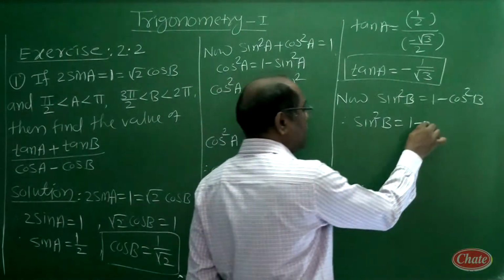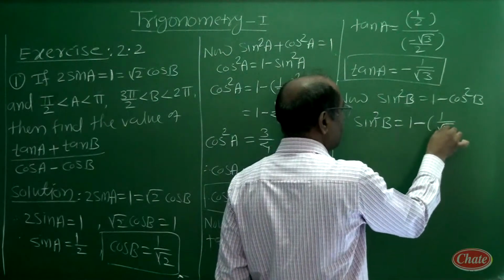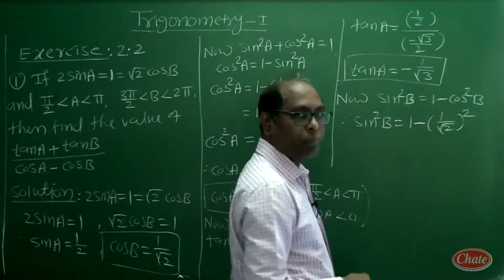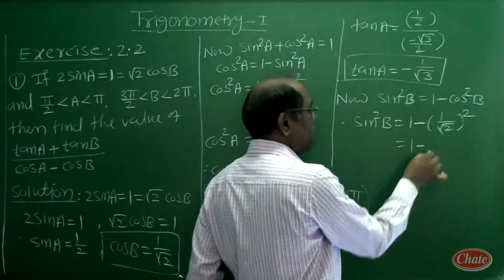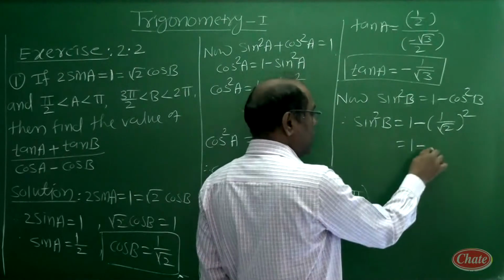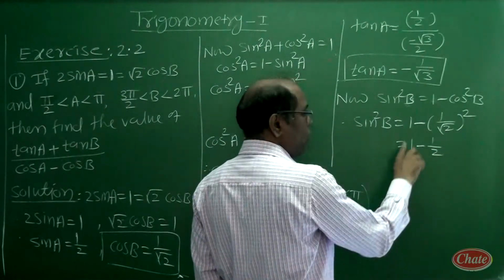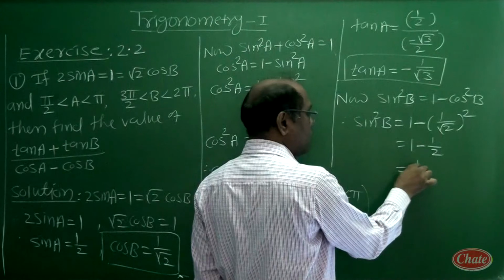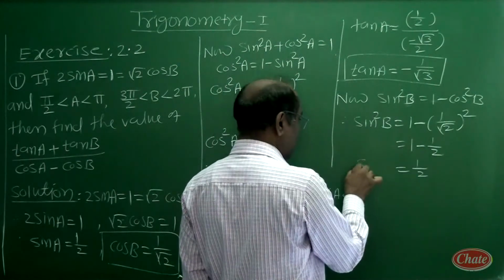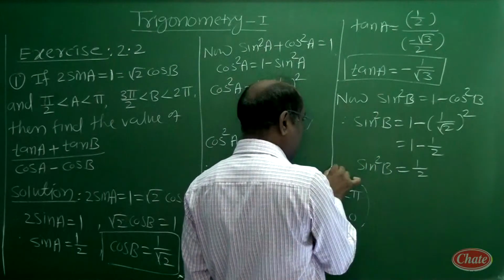So that is 1 minus (1 upon root 2) whole square. So is equal to 1 minus, what is 1 upon root 2 square? That is 1 by 2. 1 minus 1 by 2 is 1 by 2. So it is the value of sin square B.